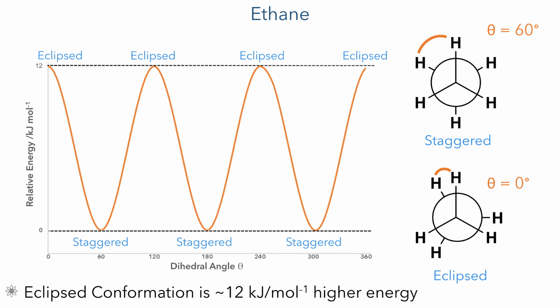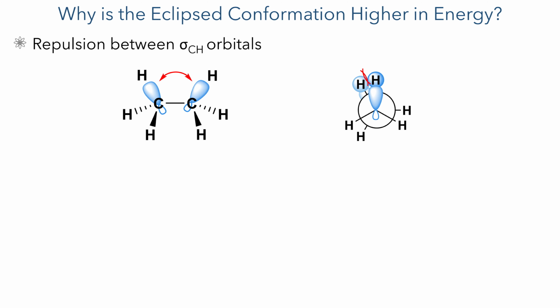This has a dihedral angle of 0 degrees, and by convention, the Newman projection is drawn slightly offset so all the substituents are visible. There are two explanations for why the eclipsed conformation is higher in energy than the staggered conformation. The first is repulsion between the CH sigma bond orbitals.